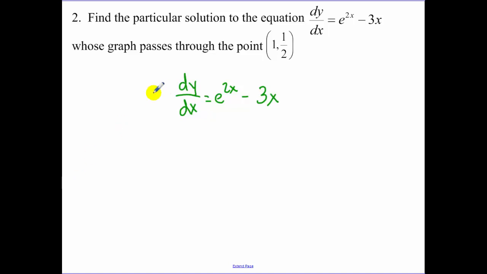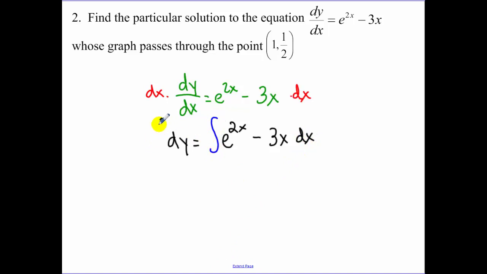What we're going to do here again, I'm going to multiply both sides by dx so that we end up with dy equals e to the 2x minus 3x dx. Now I'm going to take the integral of both sides. Integral of the left side is y. Now looking at the right side.